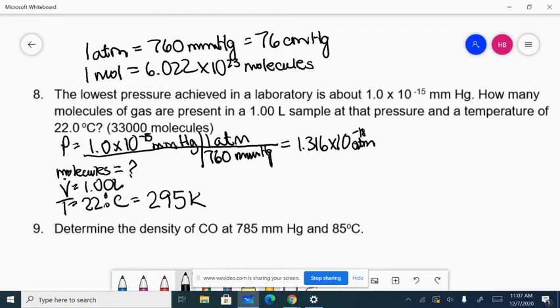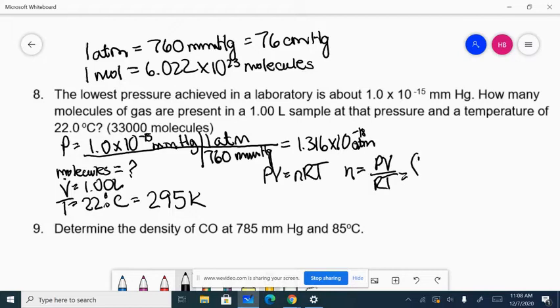Now, there's also a couple ways you can do this. You can solve for the number of moles. And PV equals nRT becomes n equals PV over RT.